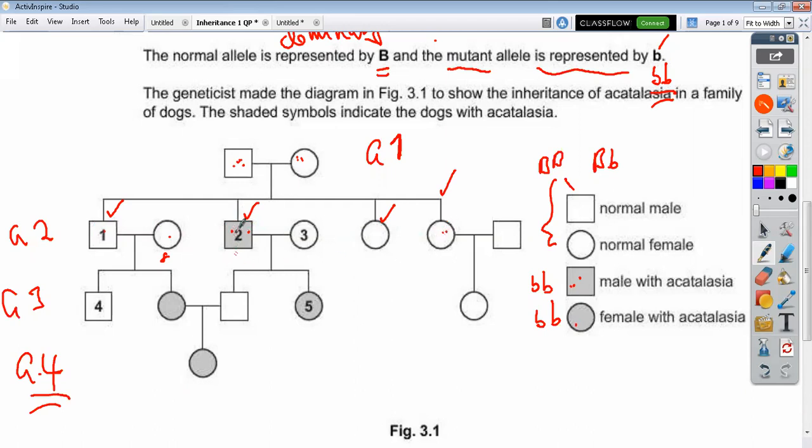But this son here has a condition, bb. The only way the son can have a condition of bb is when both parents have traits of a small b and a capital letter B. Do you agree? Because if that's not the case, then it's not possible to have a b and a b here. I hope it's making sense.